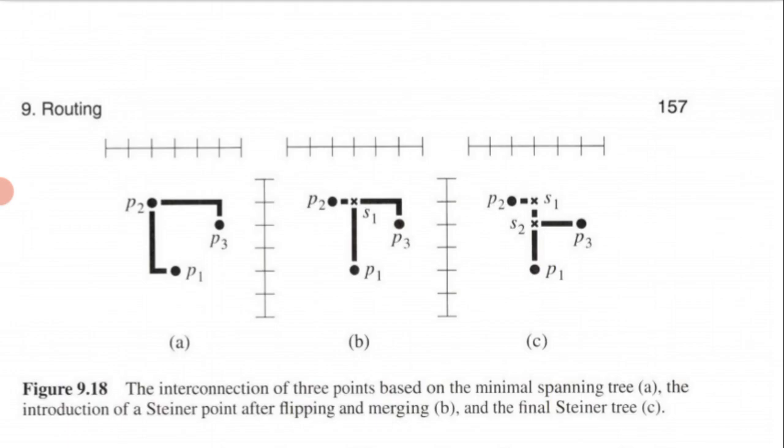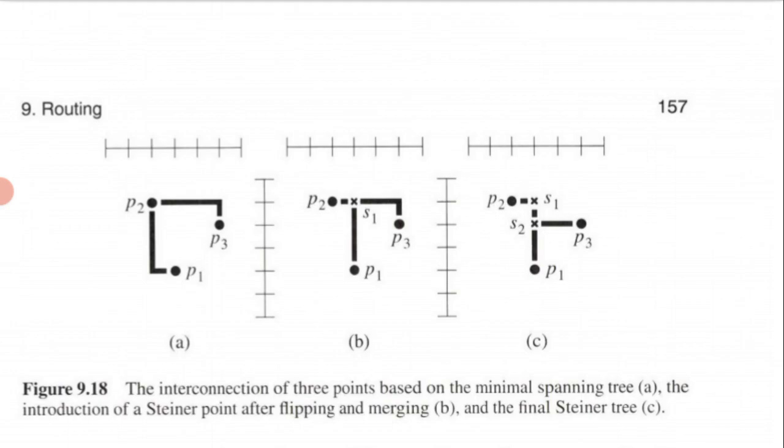The main goal of the problem is to find the minimum length tree that interconnects all the points in P, making use of new points in the plane not included in P. We have to make the total distance short, with the minimal distance, and that we are going to discuss.